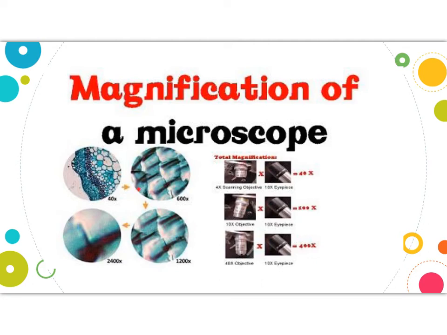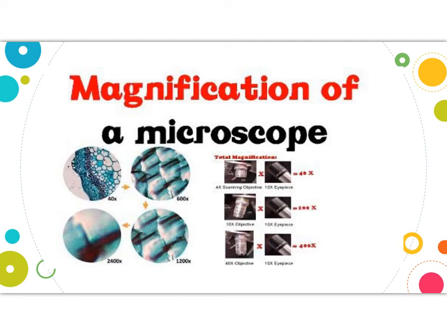At 600 times, we can see a lot more about each cell. At 1200 times, we've just gotten twice as big. We can see the biggest difference from these first two, and then we're just fine-tuning from there.